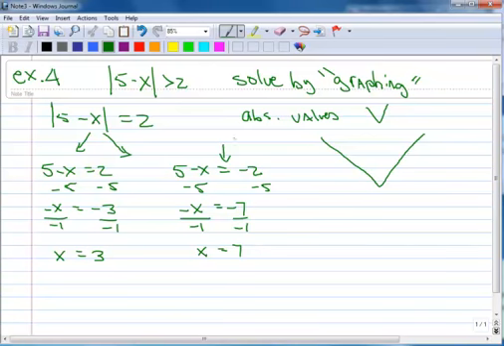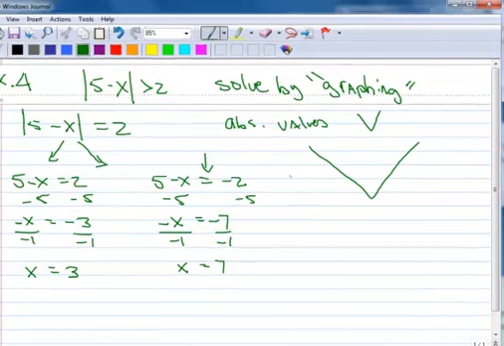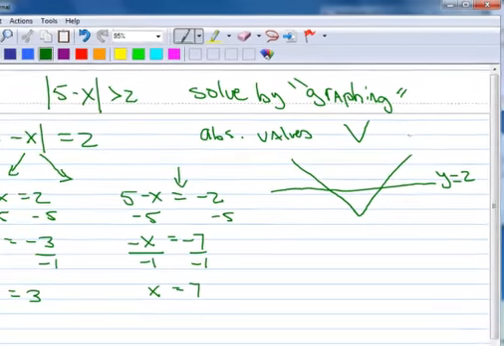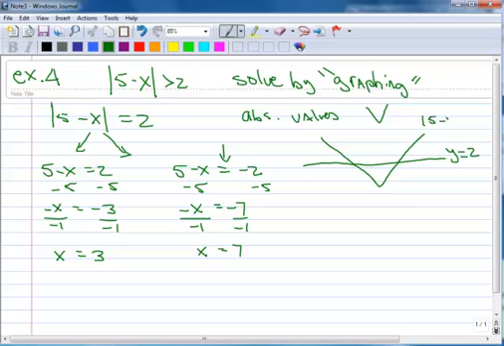The right-hand side is y equals 2, which is a horizontal line. Okay, so there are the two equations graphed. The absolute value is always a V, and y equals 2 is a horizontal line.